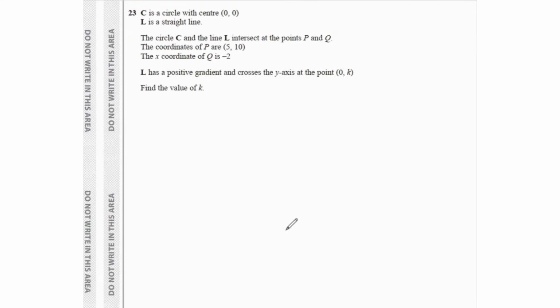So since the circle intersects the line at points P and Q, if we draw this like this and say this is P and this is Q, we have the center over here. Both OP and OQ are the same because they represent the radius.